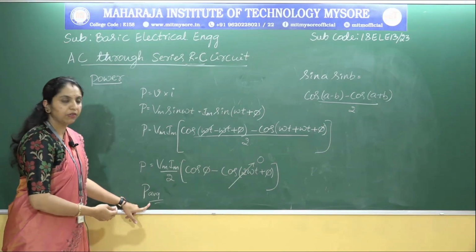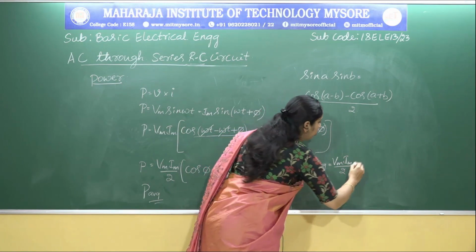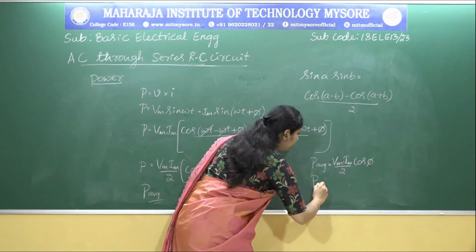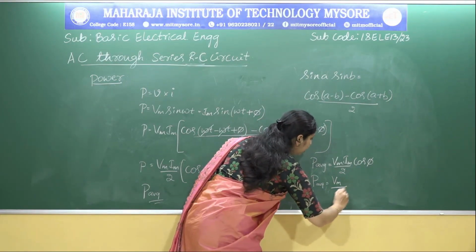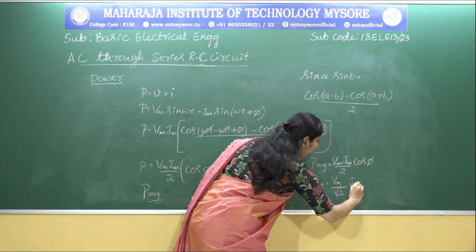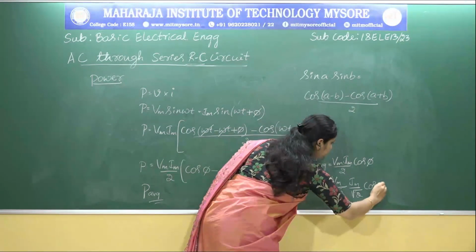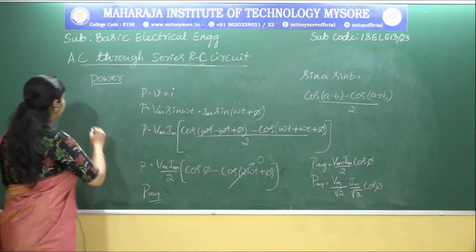Finally we can have P average as Vm Im by 2 cos phi, and similarly P average can be rewritten as Vm by root 2 into Im by root 2 cos phi. So what is the final expression of P average?